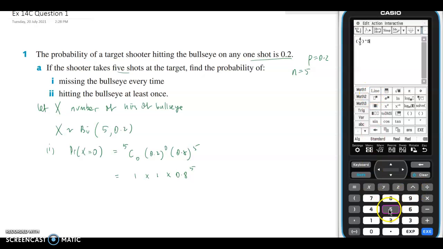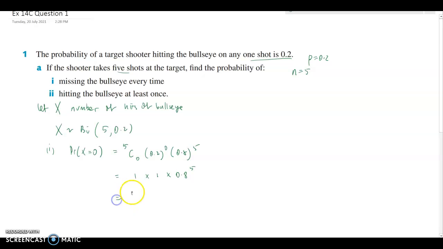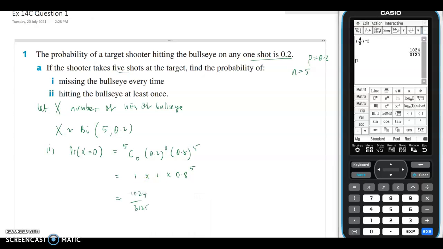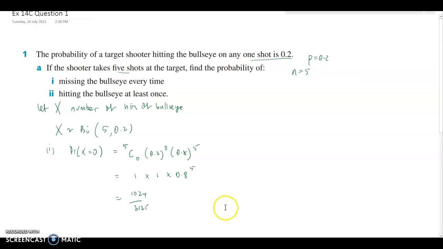Equals, and here I get an answer which is exact. So I'm just going to jot that down: 1024 over 3125. Let's just double check, because it disappeared as soon as I started writing. Ah, yes, it was indeed that.